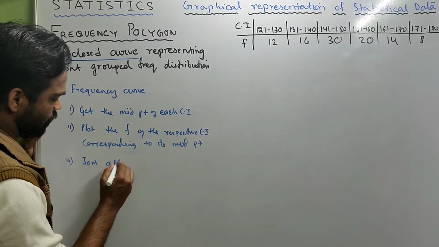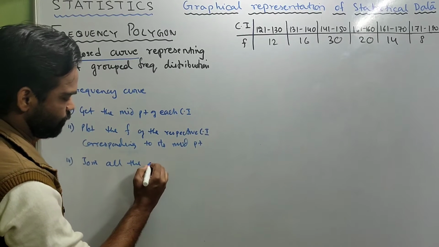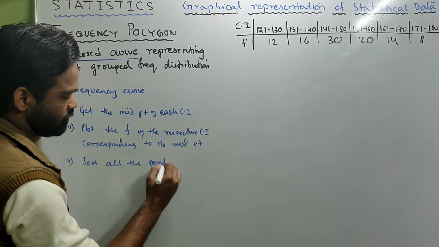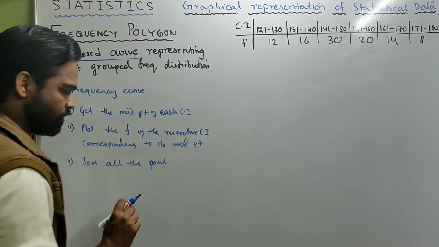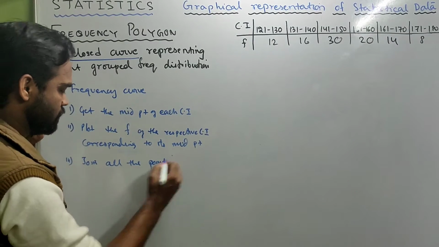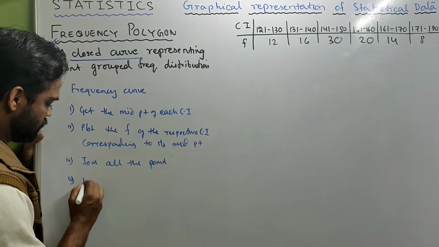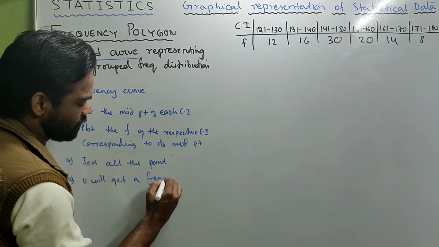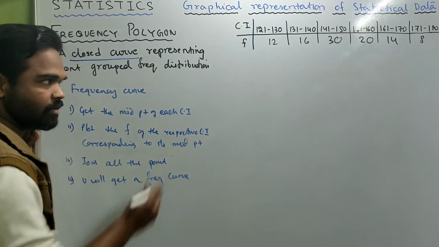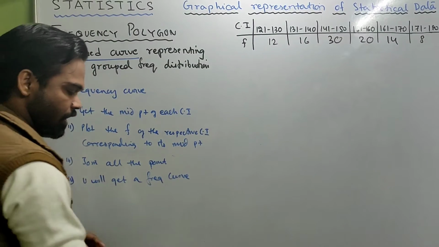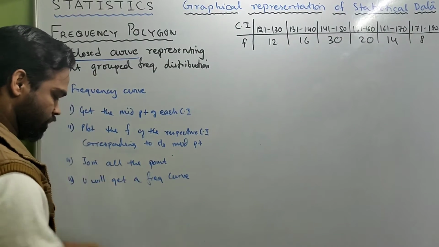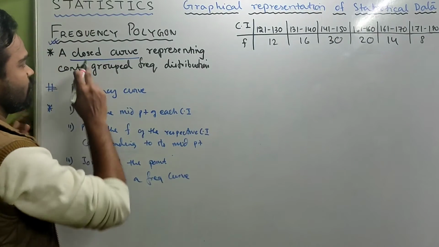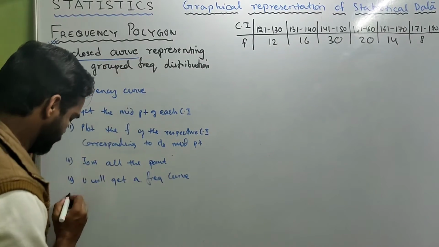Join all the points which represent the frequency, and you will get a frequency curve. We'll see with an example. Now, the end point, remember, is very important. That's why I marked closed curve. Don't leave it open.